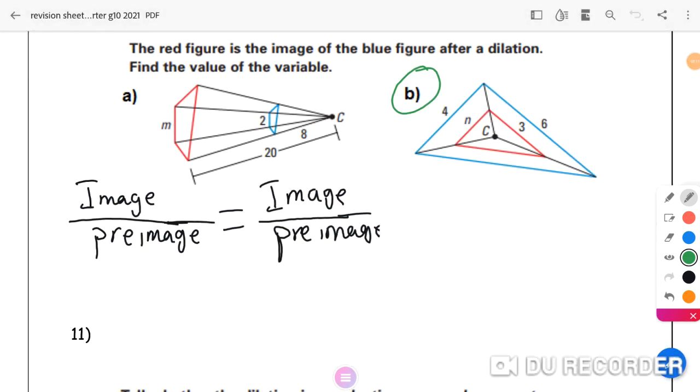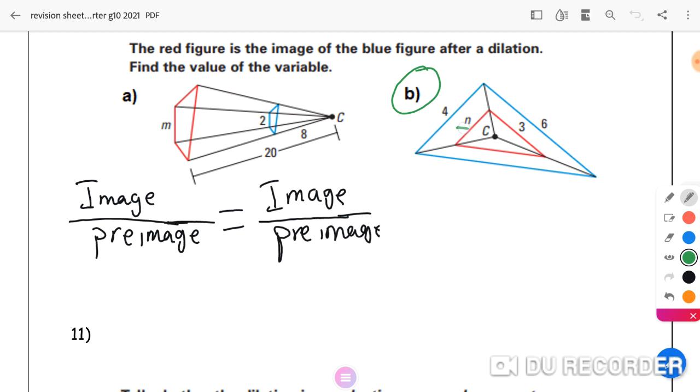And to solve the second part of the question, which is B, you can also apply this proportional relationship, which is image over pre-image equals image over pre-image. And let's apply this. So I know that the red figure is the image.